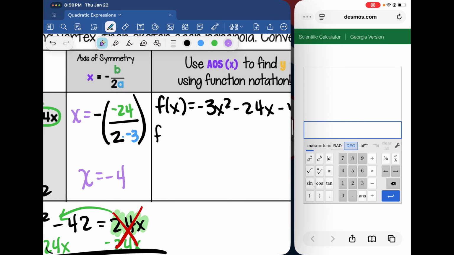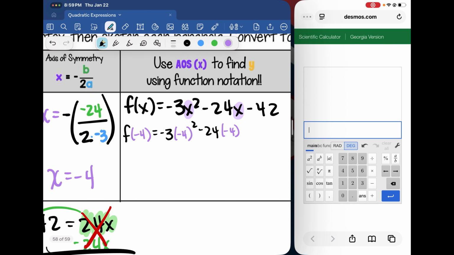So f of negative 4 is equal to negative 3 times negative 4 squared minus 24 times negative 4 minus 42.